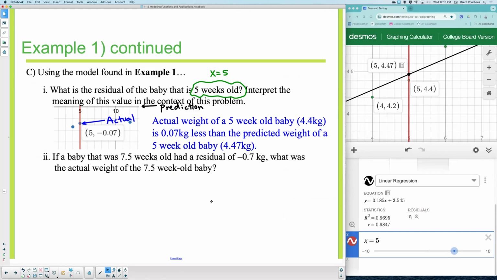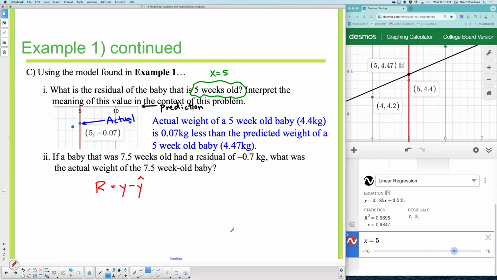So finally, if a baby that is 7.5 weeks old has a residual of negative 0.7 kilograms, what was the actual weight of the baby that was 7.5 weeks old? So to help you out on this, I'm going to give you the formula again. The residual, I'll do capital R for residual, is equal to the actual minus the predicted. Y'all remember that?